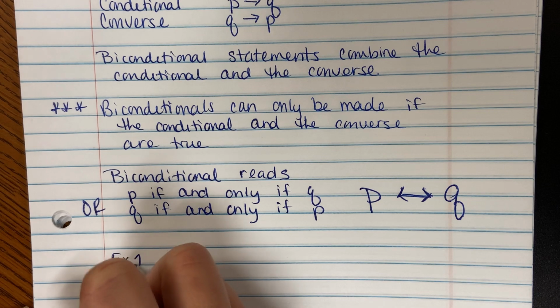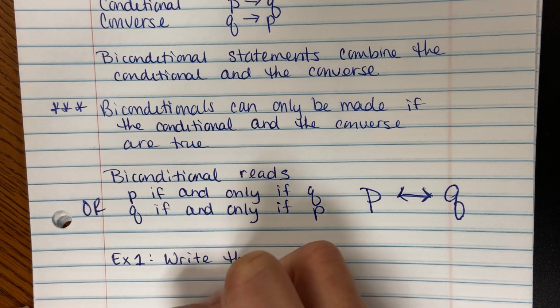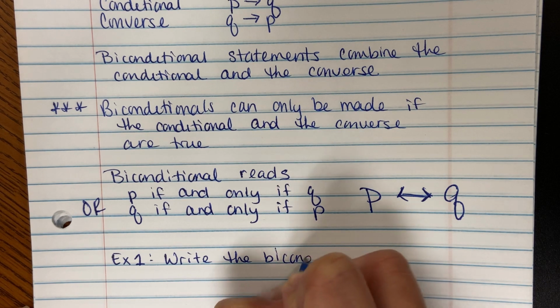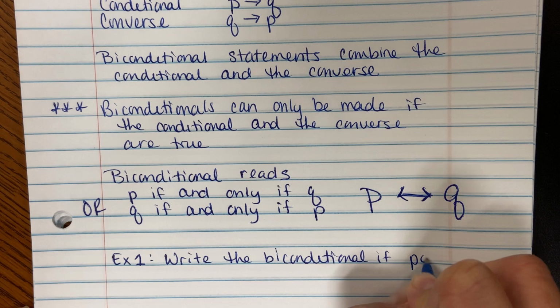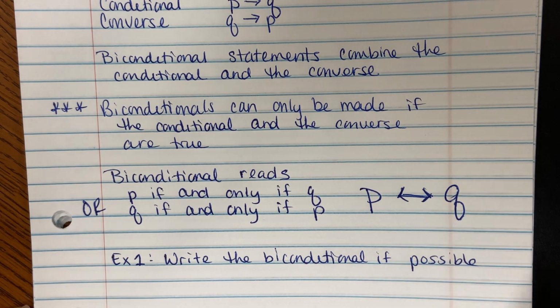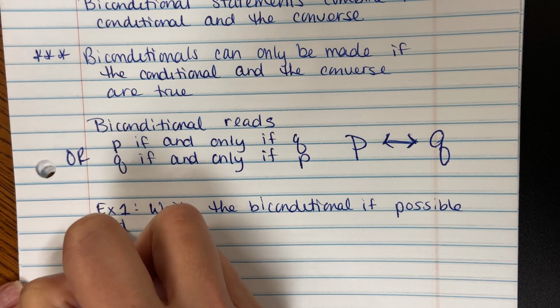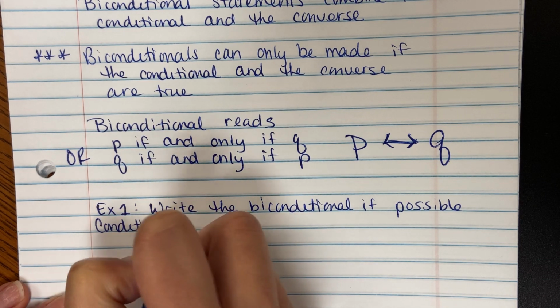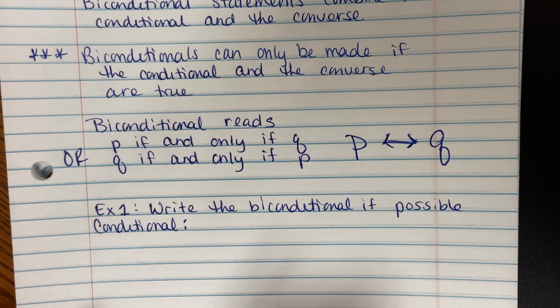So, example 1: write the biconditional if possible. So I'm going to give you the conditional statement. And I try to use short ones so that you're not writing too much, because I know this is a lot of writing.